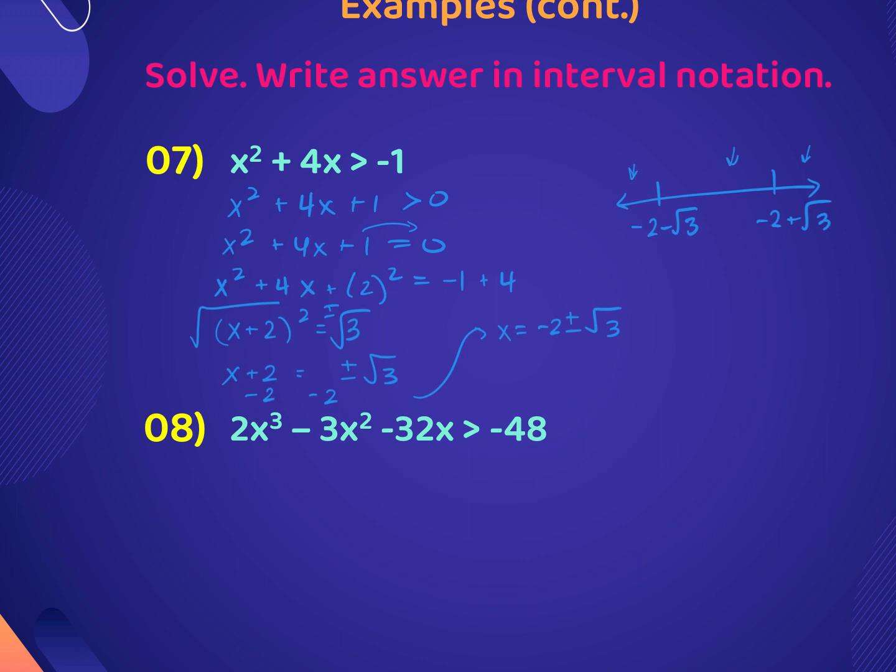So I'm going to have to have an idea of what the value of negative 2 plus or minus whatever is. So the square root of 3 is about 1.7. So if I do negative 2 minus 1.7, I'm looking at minus 3.7. So this is about minus 3.7. And if I do minus 2 plus 1.7, this is going to be about minus 0.3.